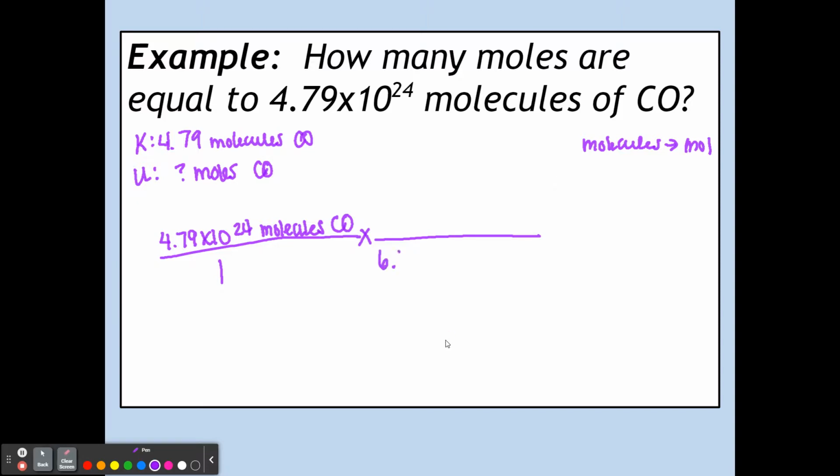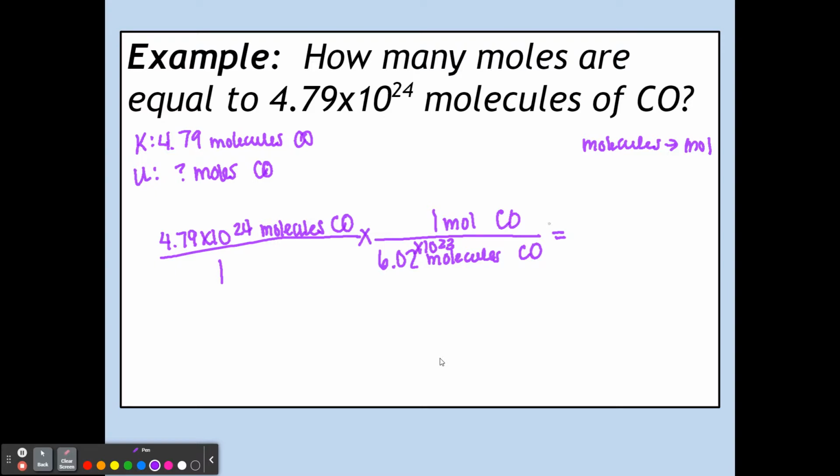So it's 6.02 times 10 to the 23rd molecules of CO. And on top, we have 1 mole of CO. Go ahead and do that math.